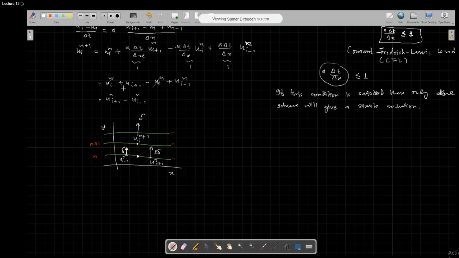You will get a large ratio here, and some value will come here that will not add up to a proper behavior. Sorry, this is a plus, so this is 3 delta.